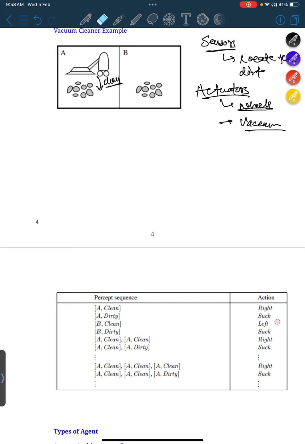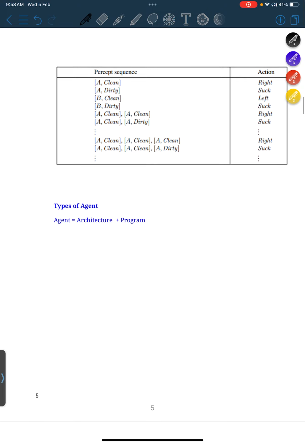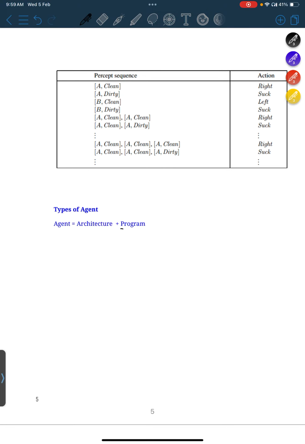So based on this, there are various types of agents. So we know that the agent is the program part, which is like a brain, and this architecture can be thought of as the body of the agent. This body is made of actuators and sensors and any other things that might be needed for the agent to work.